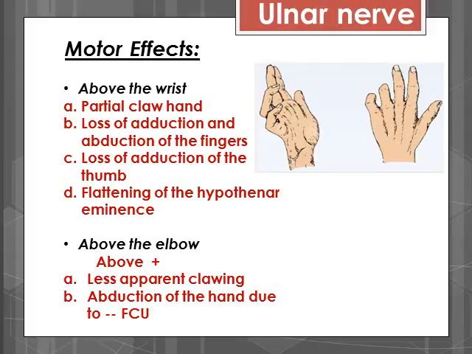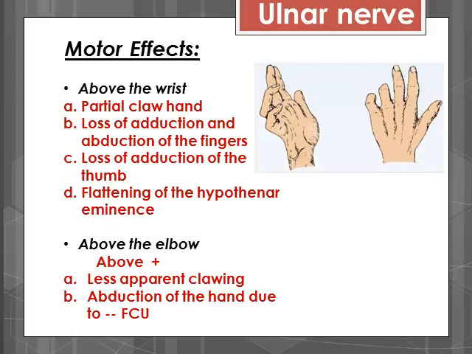Claw hand or ulnar claw is a deformity or abnormal attitude of the hand, as we see in this figure. It occurs due to paralysis of a group of intrinsic muscles of the hand called lumbricals.